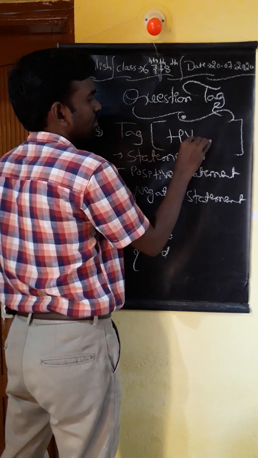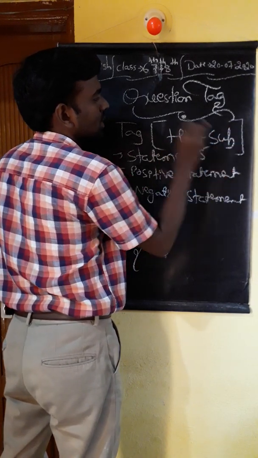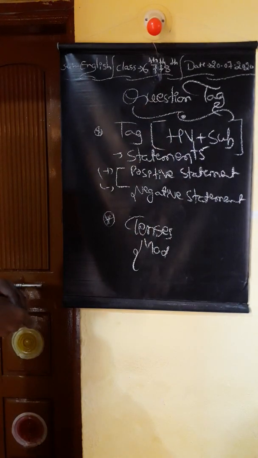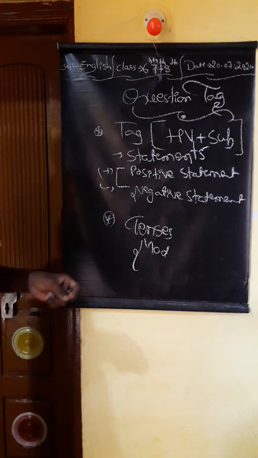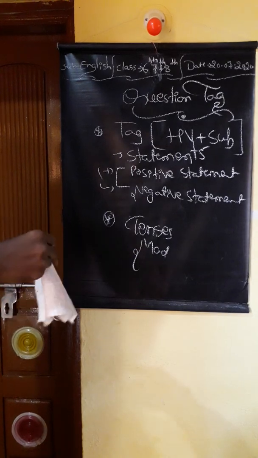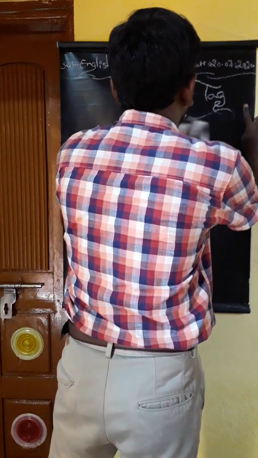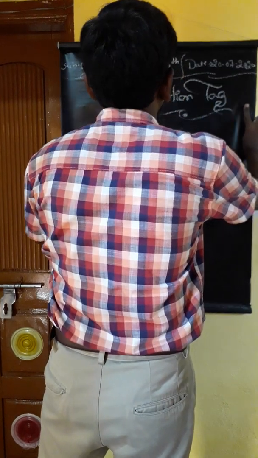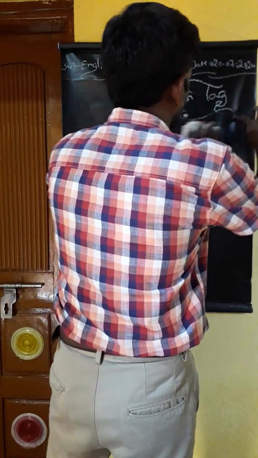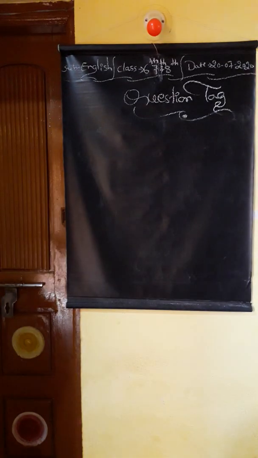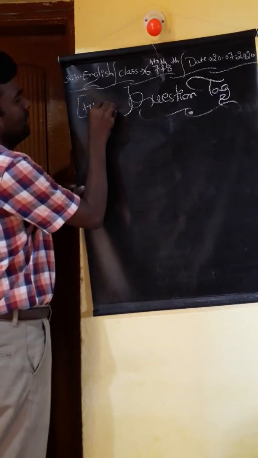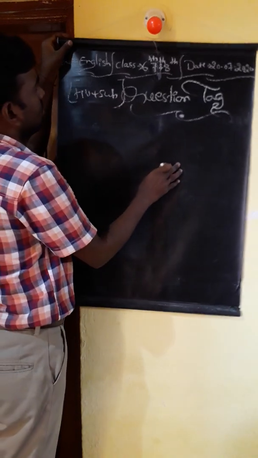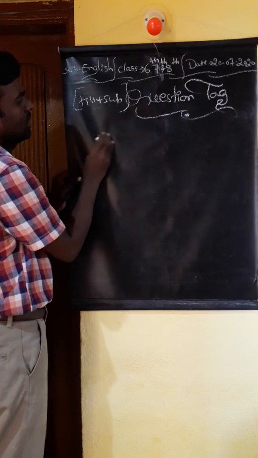The first one is the helping verb and the second one is the subject. I repeat, remember these two things, the helping verb and the subject part, and how to apply the question tag.